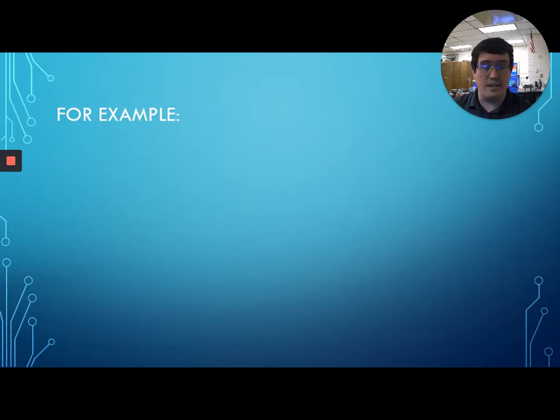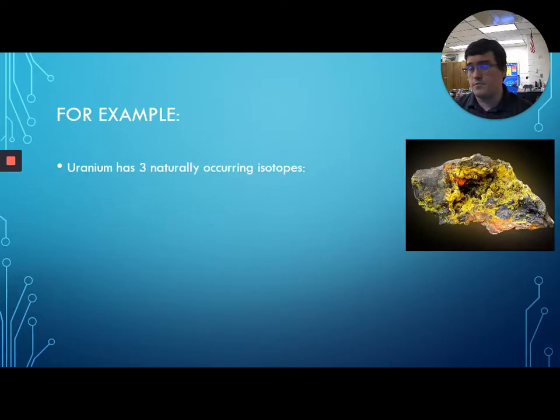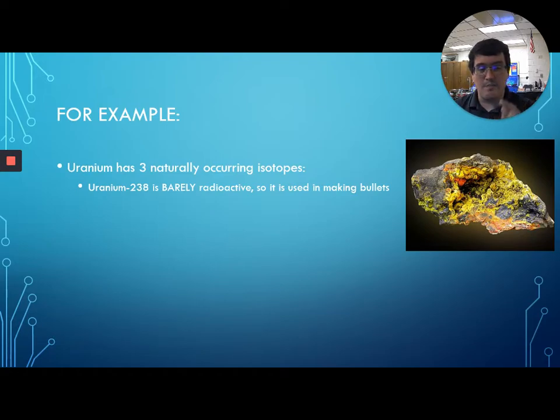A great example of this is uranium. When it was first discovered, they had no idea that it had 3 isotopes, but it does. It has uranium-238, which is the main isotope. It's only barely radioactive. Believe it or not, they can take that uranium, which is often called depleted uranium, and turn it into bullets.